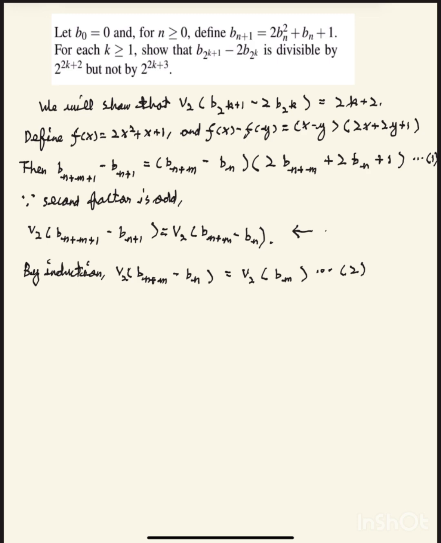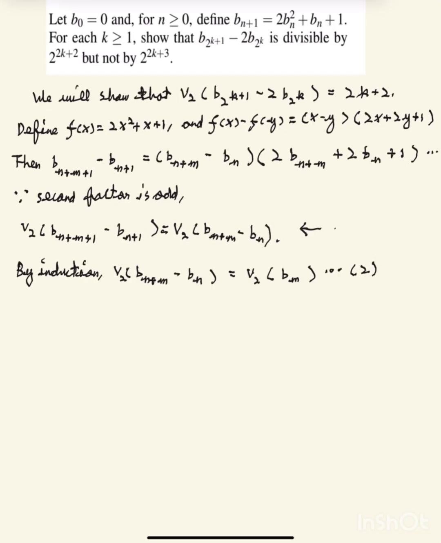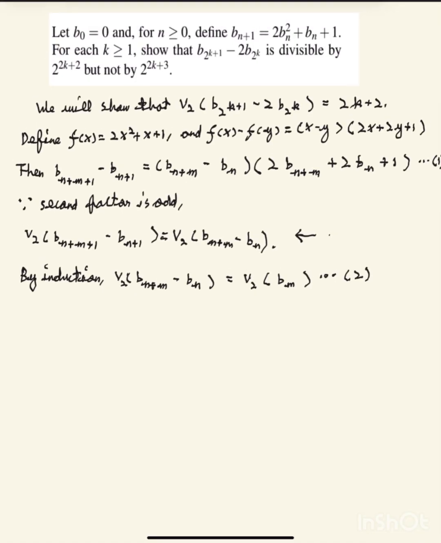If 2 holds for any n greater than or equal to 0, then it will hold for n plus 1 as well, by this relation here. So by induction on n, we have v2 of b_{n+m} minus b_n is equal to v2 of b_m.